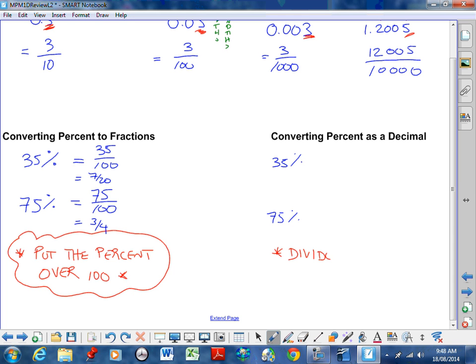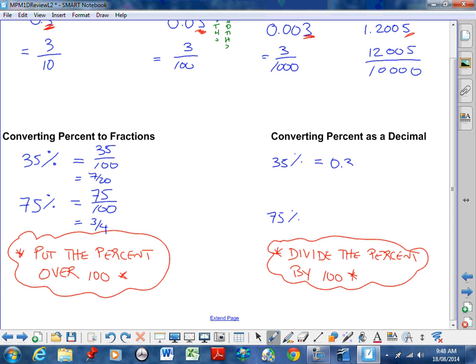So you take that 35% divided by 100, and you get 0.35. 75 divided by 100 is 0.75. That's it.